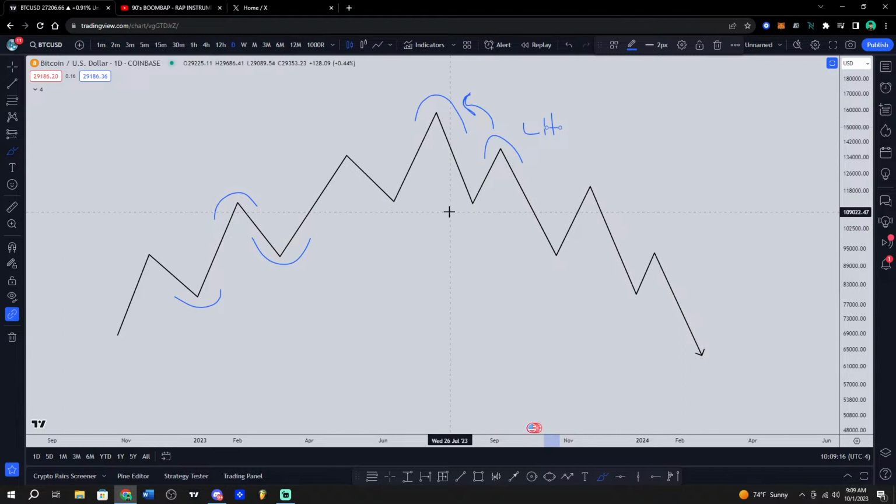And then we have the lower low, which I marked off because it broke this one. Even just by $1, a point, or a pip, that is a lower low. Then we get a lower high, and then we break this structure here, and that tells us we are more than likely now seeing a bearish trend.